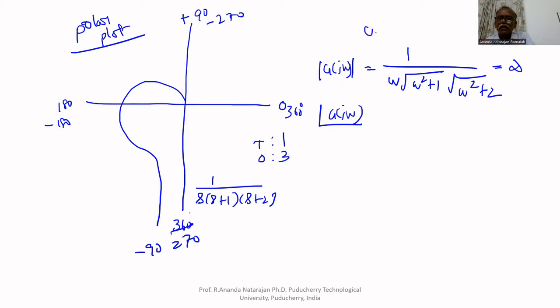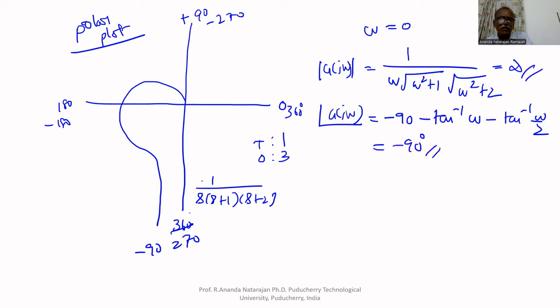When omega equal to 0, angle equal to minus 90 minus tan inverse of omega minus tan inverse of omega by 2. If omega equal to 0, you will get minus 90 degree. So magnitude is infinity, angle is minus 90. That's why it is coming from minus 90 degree at infinity.